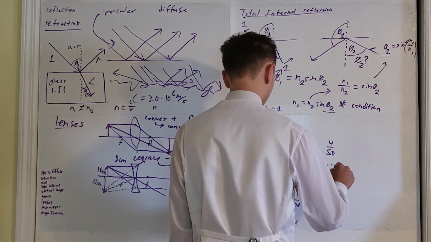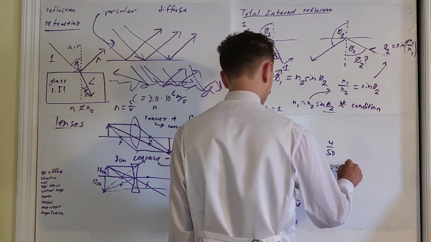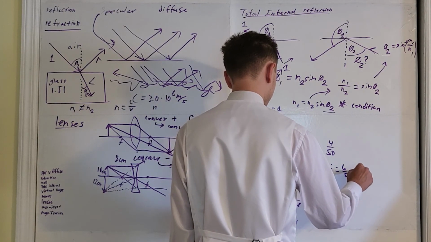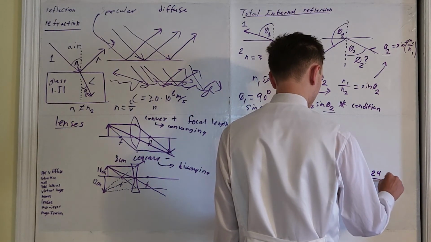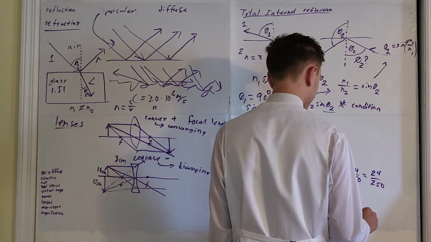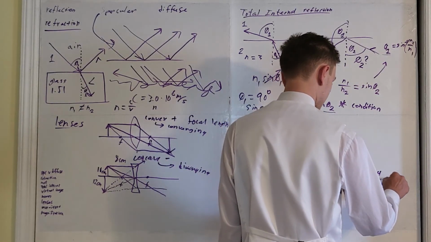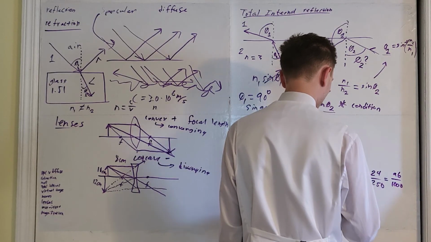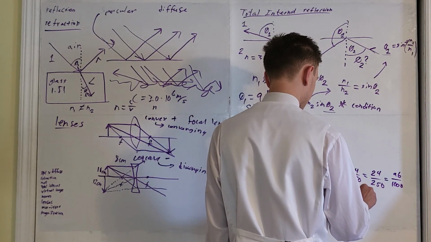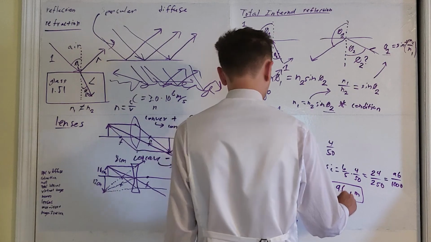So the distance to our image is equal to 6 over 5 times 4 over 50 equals 24 over 250, and that is the same as 96 over 1000, or 9.6 centimeters, which makes sense.